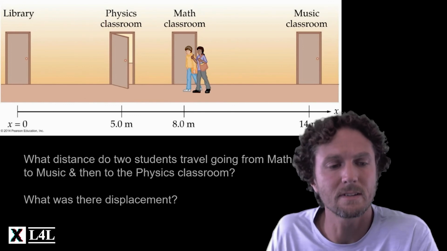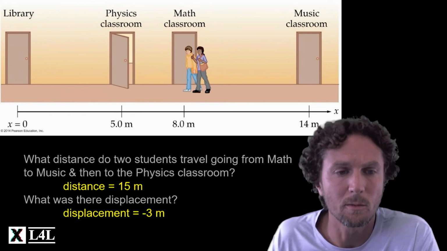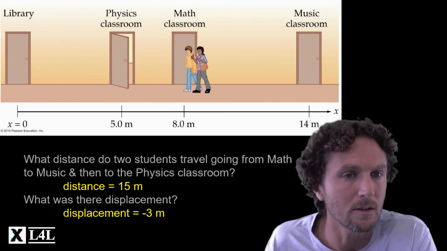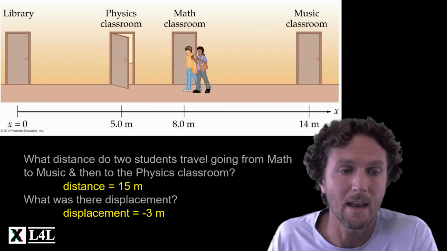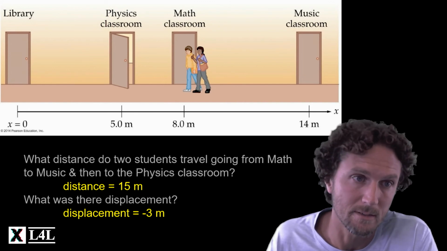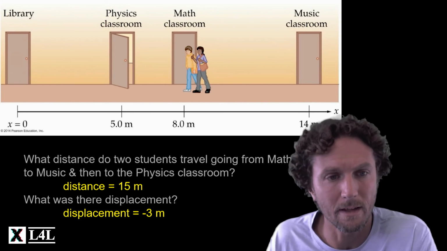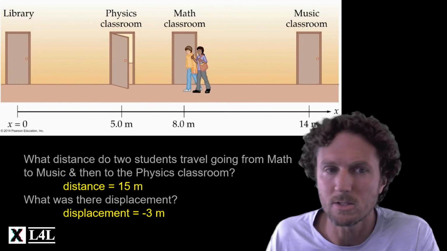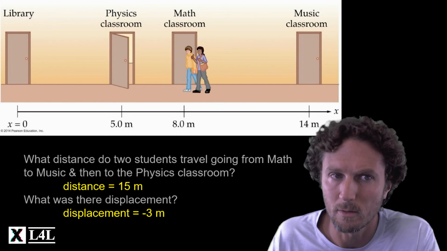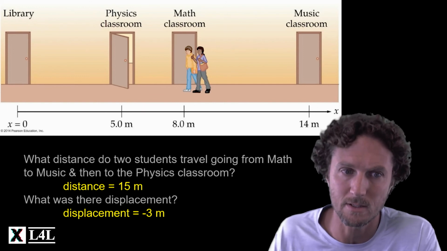Okay, so from a distance standpoint, it's actually going to be 15 meters. 6 meters to go from the math to the music classroom, and then 9 meters from music down to physics room. That's the total length that they traveled, 15 meters. But what was their displacement? Their change in position from the whole trip, starting at the math room and ending at the physics room.